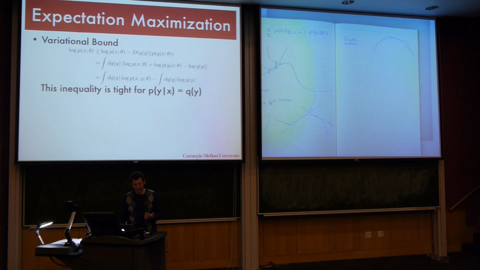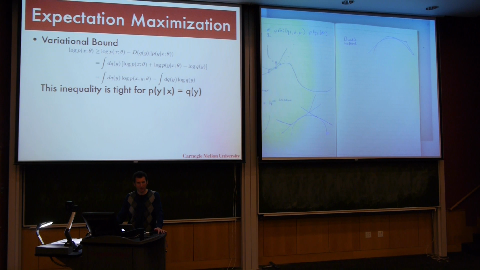This is obviously greater or equal than the log of P of x parameterized by theta minus the KL divergence between some distribution Q of y, and I can pick that as I want, and P of y given x and theta. So let's say P of x parameterized by theta arose from integrating out or summing over the variables y. So this first inequality holds for any Q of y and any P of y given x and theta.